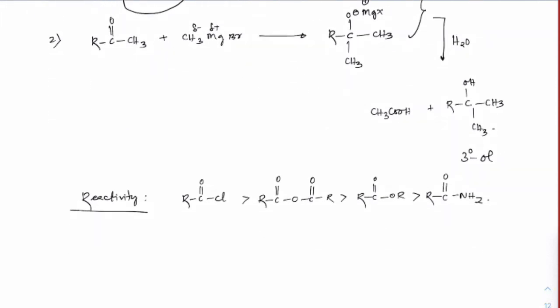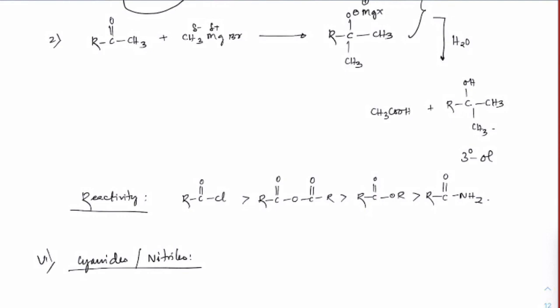There is one more acid derivative which is cyanides or nitriles. See, any species which on hydrolysis gives the respective acid is called acid derivative. So whatever I have discussed, whether it is acid chlorides, anhydrides, esters, amides or cyanides, if you take all of this and hydrolyze, you will get the respective acids.